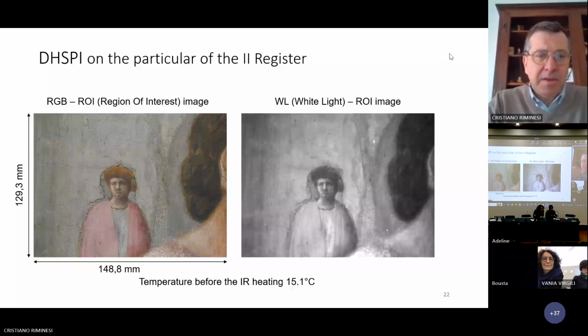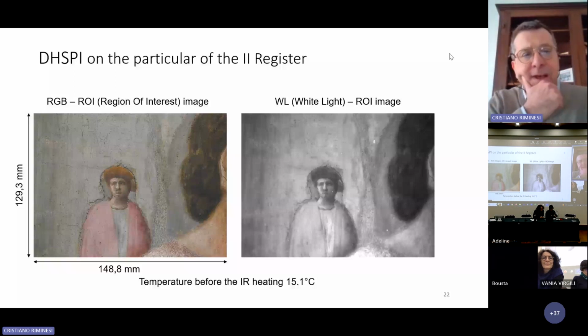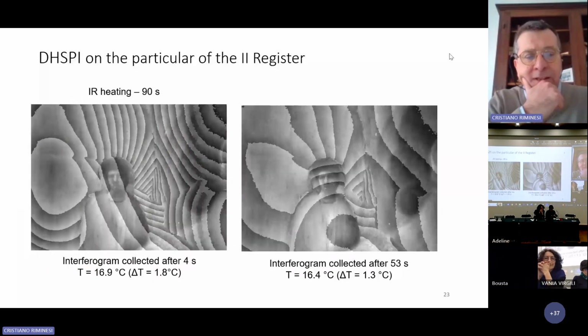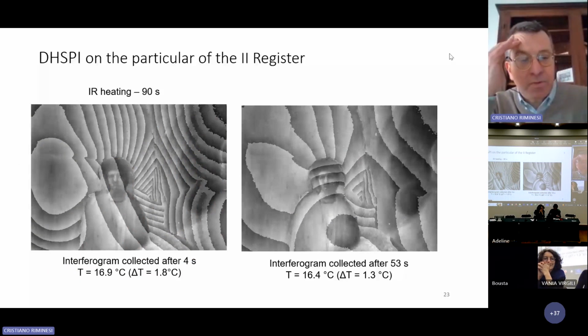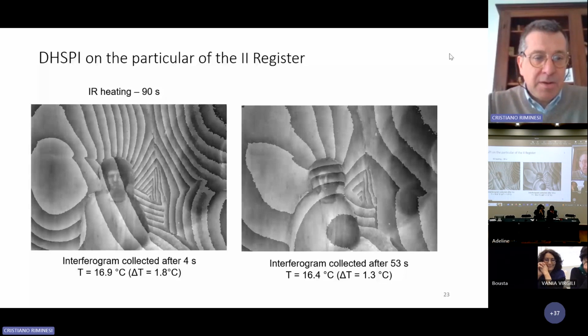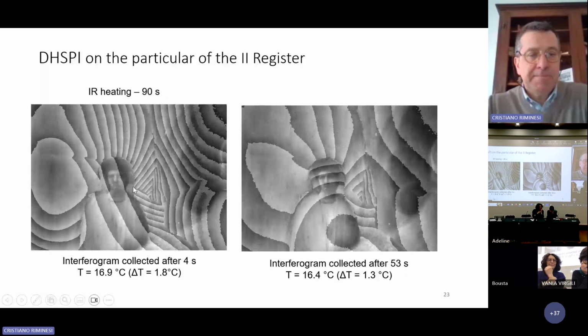We heat the surface for 90 seconds, and we collect the interferogram over time after turning off the heating. This is the overlapping of the interferogram with the visible image, and we can observe that we have a discontinuity around the edge of the little figure.